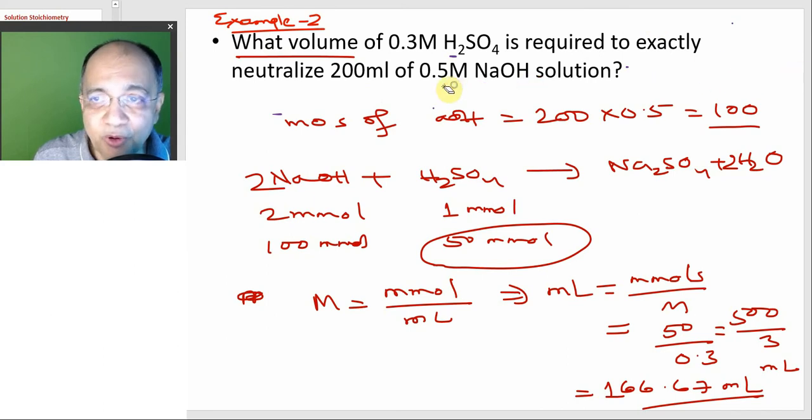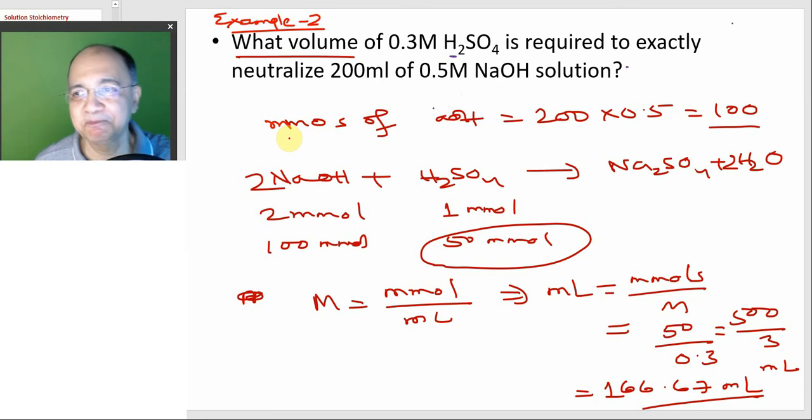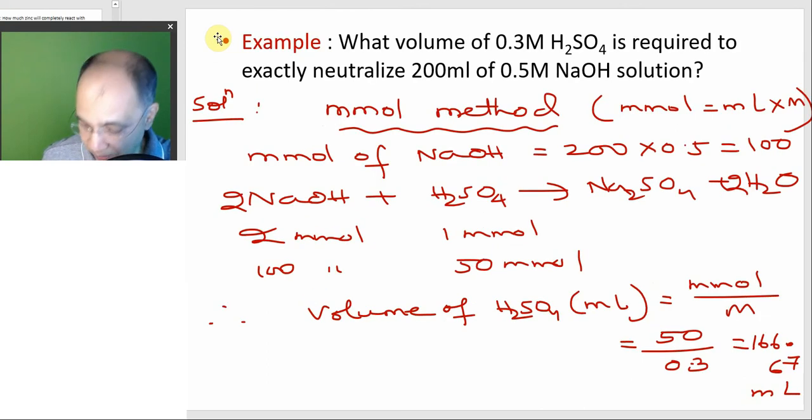But before we approach V1N1 equals V2N2, I wanted to go via the mole method, millimoles. And then I will show you how easy it is to work out in the equivalent method. Let us go to the next one.